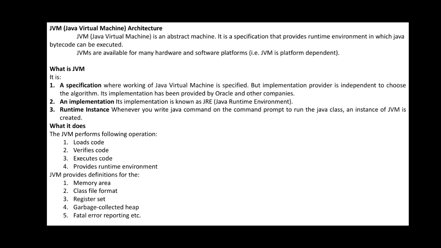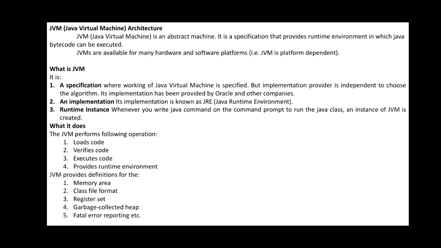Java Virtual Machine is an abstract machine. It is a specification that provides a runtime environment in which Java bytecode can be executed. As I said, it is used at the time of what? Runtime. And why do you want to use the JVM? To convert the bytecode into an executable form.